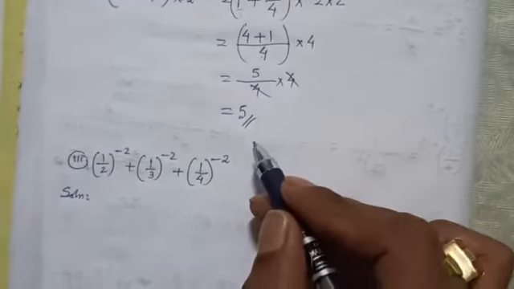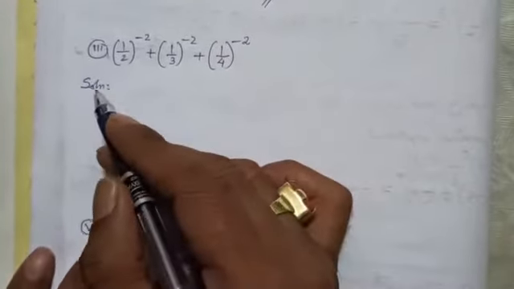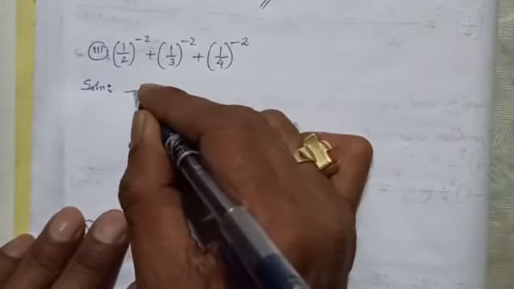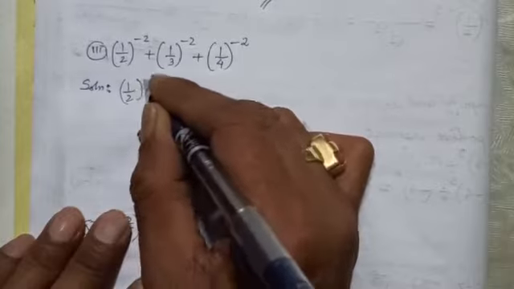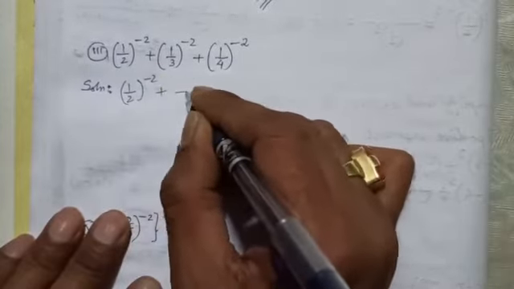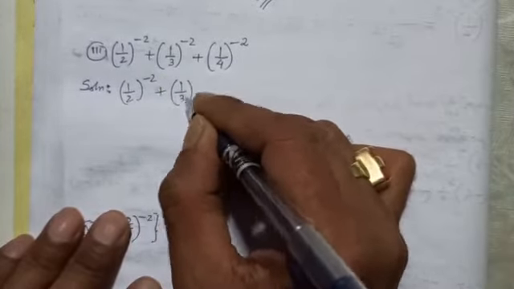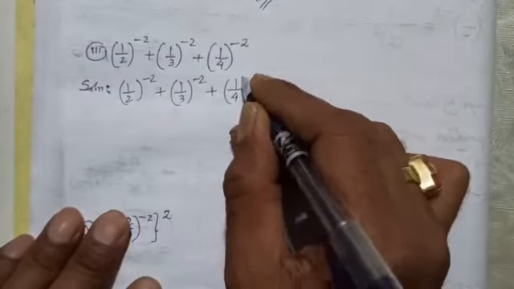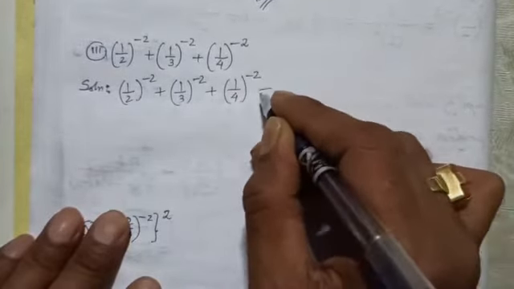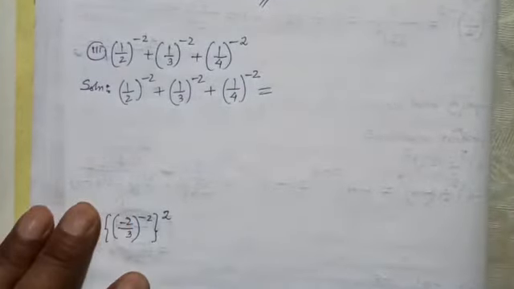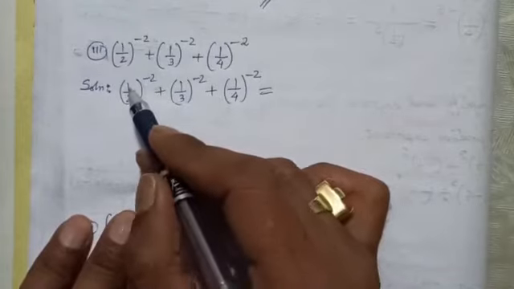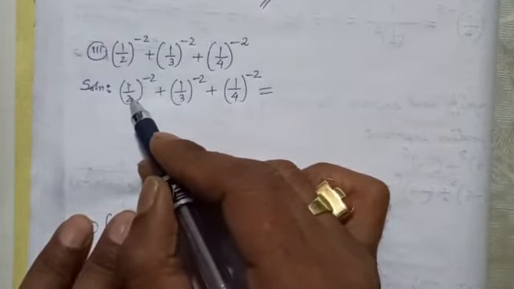Now let's try Roman number 3. Now solution. Half to the power minus 2 plus 1 by 3 whole to the power minus 2 plus 1 by 4 whole to the power minus 2. Next steps. Here let us use a shortcut. If there is minus sign in the power, this numerator and denominator we can interchange.